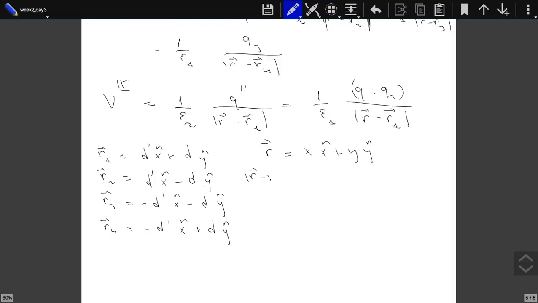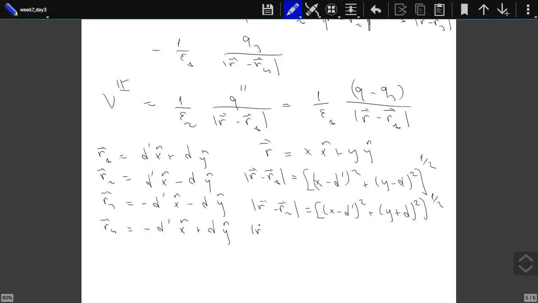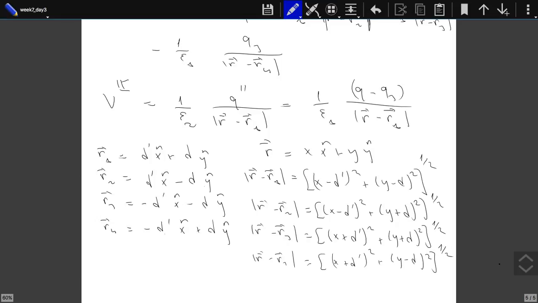So r minus r1 should be equal to the square root of (x minus d prime) squared plus ... r minus r2 ... plus d squared, r minus r3, to the power 1/2.